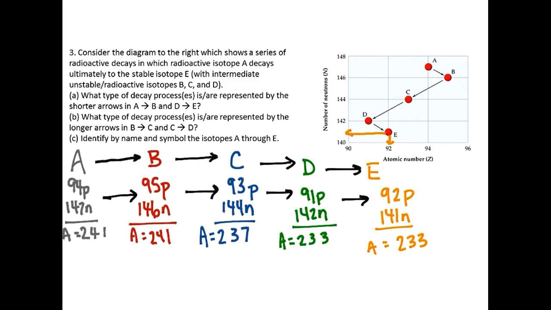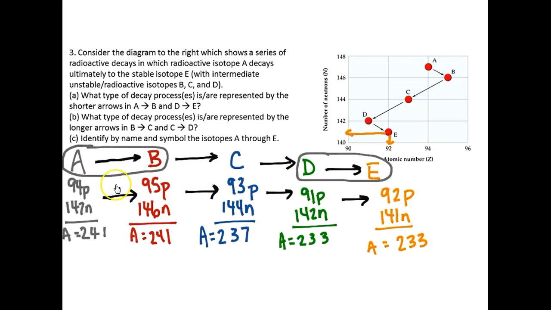So now when you see what's happening, we're trying to figure out A going to B, this is to answer part A, and D going to E. This is the question: what type of decay processes are represented by the shorter arrows, A to B and D to E? So I circled those here so that we can look at them more carefully.